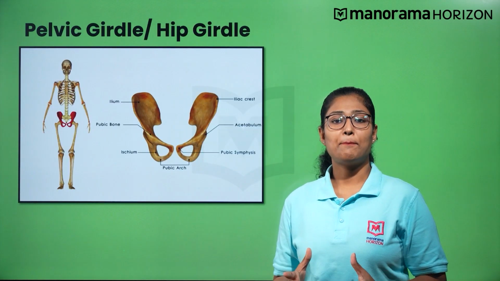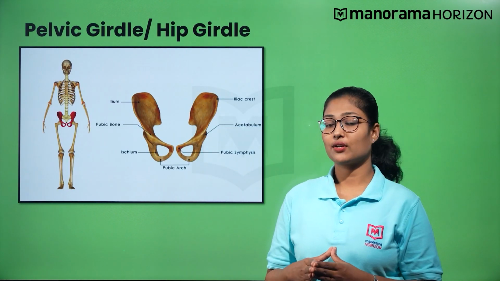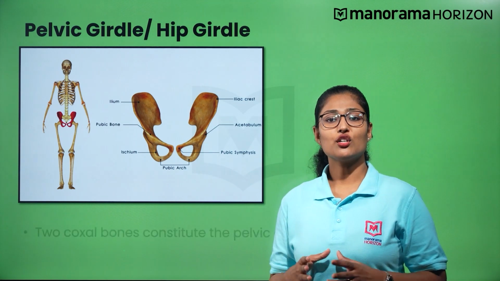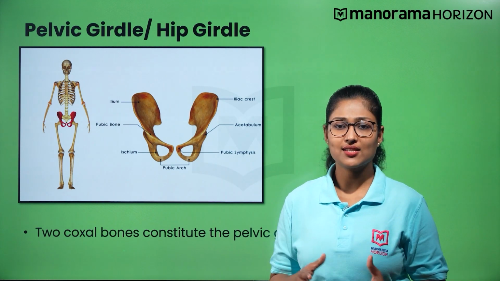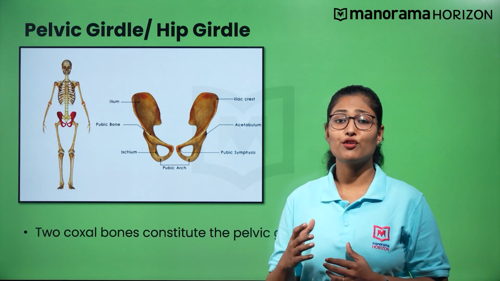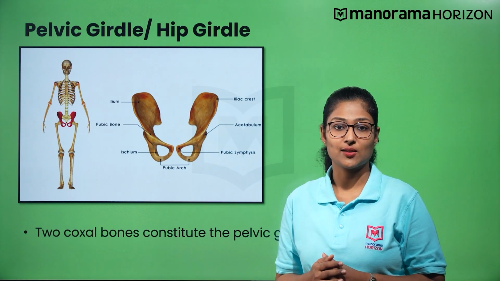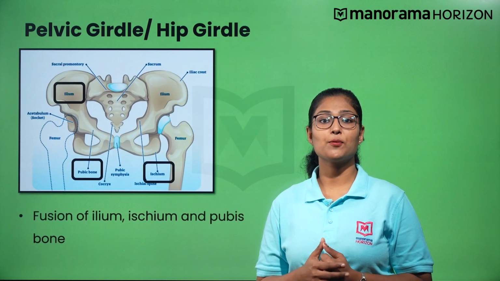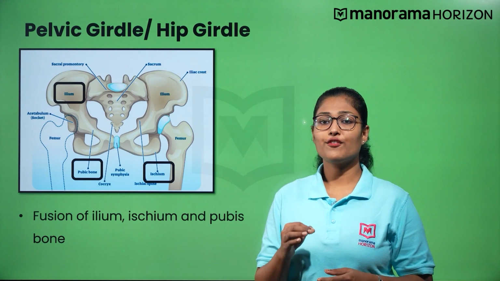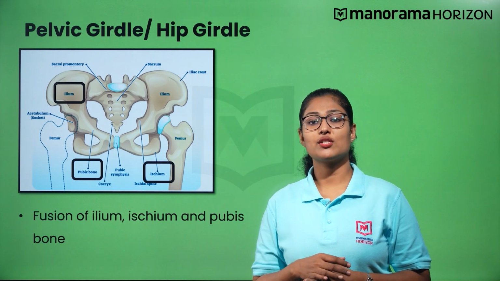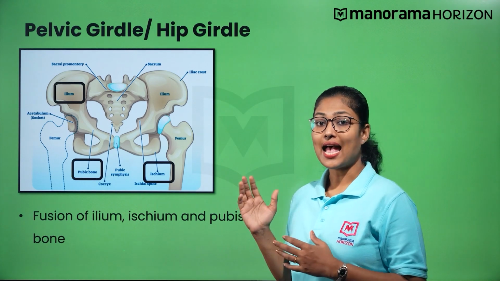Finally, the pelvic girdle or the hip girdle. 2 coxal bones constitute the pelvic girdle. You may ask then, how is a coxal bone formed? Here is the answer. Ilium, ischium and pubic bone fuse and form a coxal bone. At the point of fusion, you will be able to see a cavity called an acetabulum.